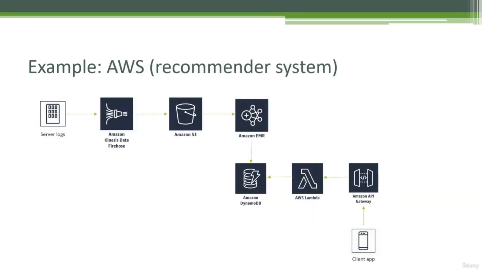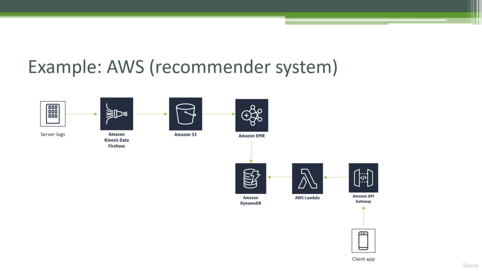Let's say that you're using Amazon Web Services and you wanted to build an entire end-to-end system that makes product recommendations. One way to do this in AWS would be if you have a fleet of servers that are generating order data. If you're actually monitoring the servers where people are placing orders, we could have a service called Kinesis Data Firehose running on top of those servers that is feeding those log data into Amazon S3 storage.